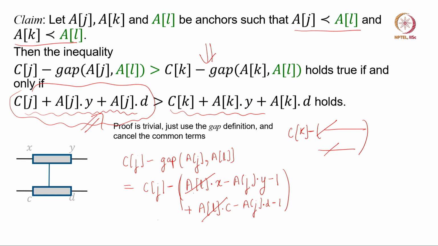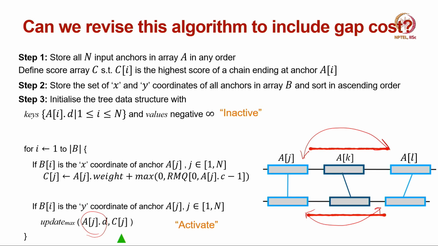Because of this property, we can now go back and set a priority of this anchor Aj without knowing the second anchor with respect to which we have to compute the gap. So, we do not need to know the second anchor while computing the gap cost.